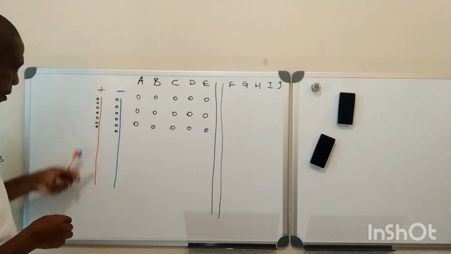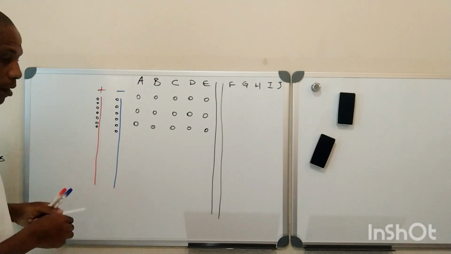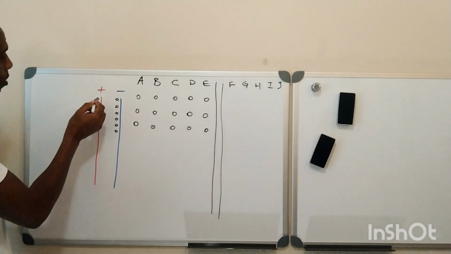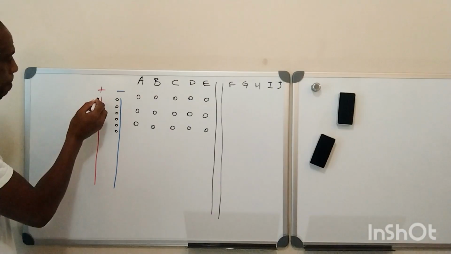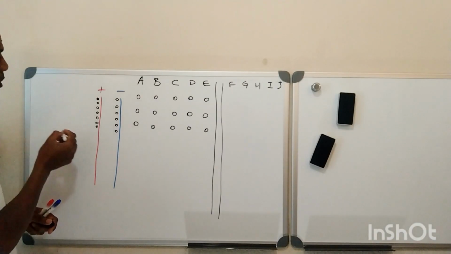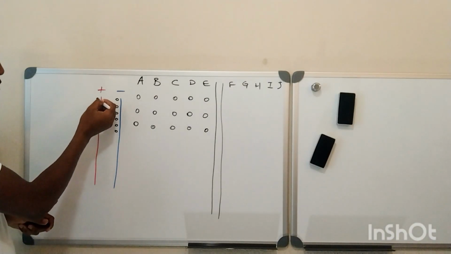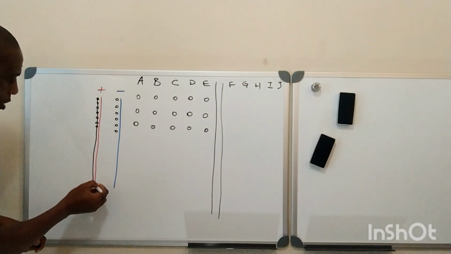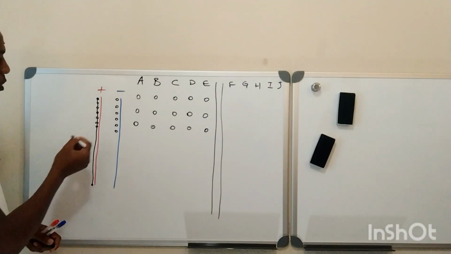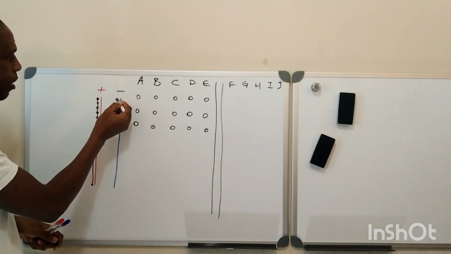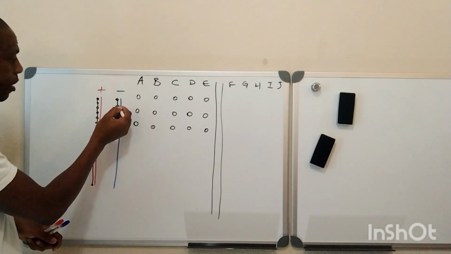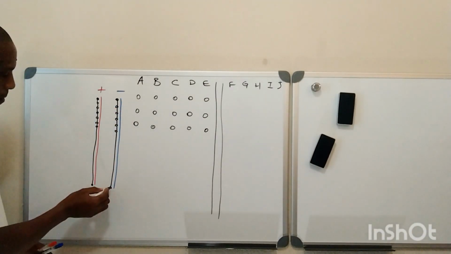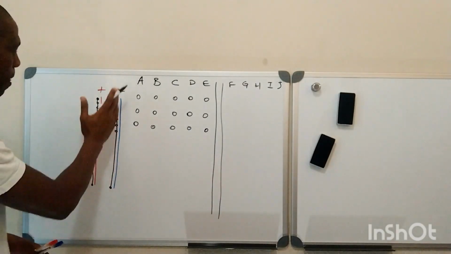This red vertical line means that if you connect a positive probe here from the battery, the current will run down from this hole to this hole to that hole until the last hole at the bottom. If you ground it on this side of the negative, the negative will run down until it gets to the bottom. Meaning all these lines are interconnected.